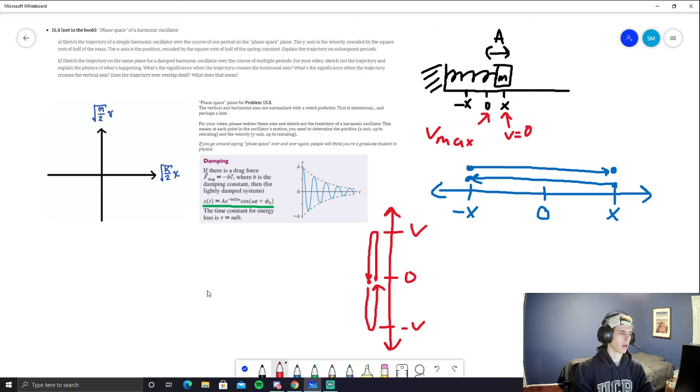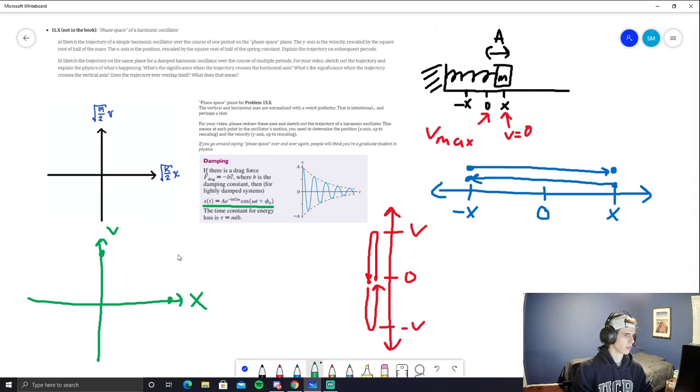So if we combine these, then we'll get something like this. And I am ignoring these prefactors, by the way. Or actually, I should write v instead of y. That's more clear. So again, here we have our maximum x, 0 velocity.